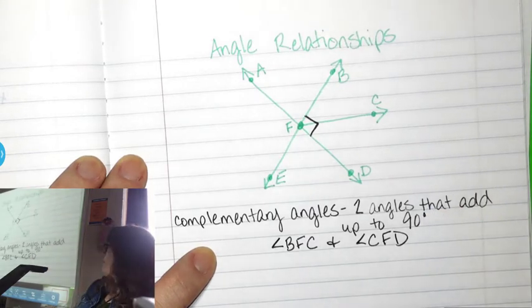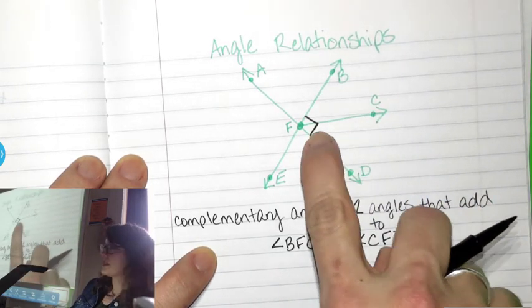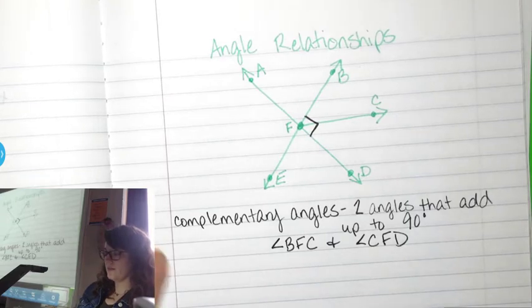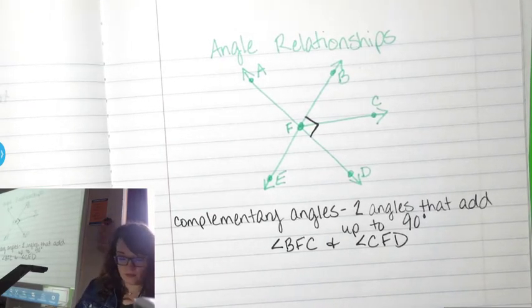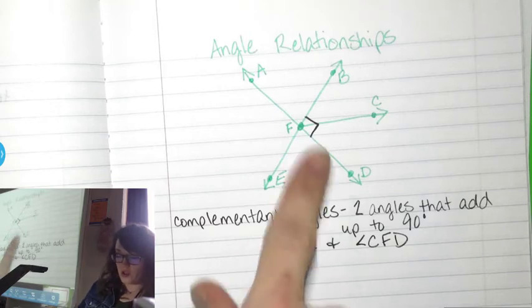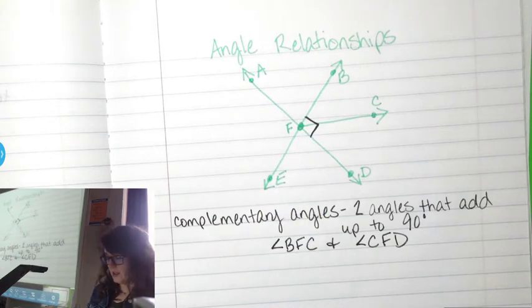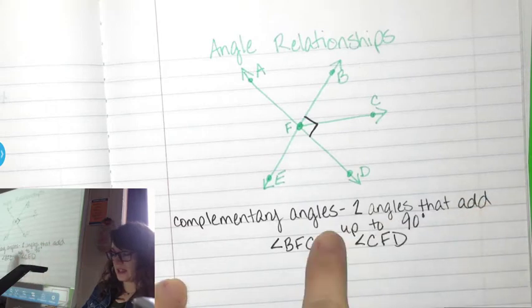They are complementary because they have that box that tells me it equals 90.